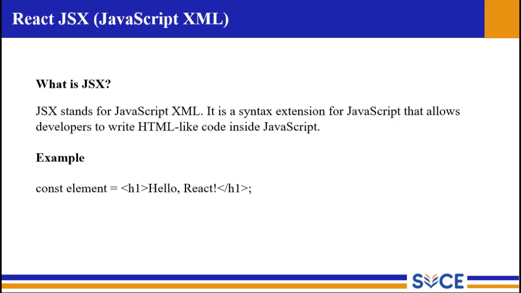For example, instead of writing multiple JavaScript functions, we can simply write a heading or paragraph exactly like HTML. Because of this familiar syntax, beginners who already know HTML can learn React much faster. However, remember one point: browsers cannot understand JSX directly. Before execution, JSX must first be converted into standard JavaScript.